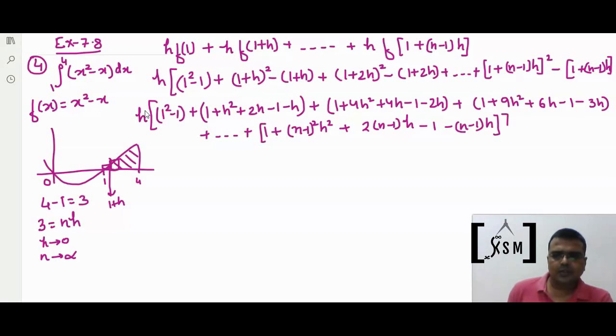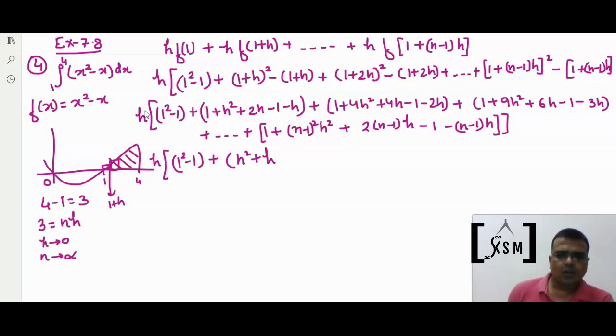Hope it is clear up to here, guys. We have just broken all the terms, we have broken the square part, right? And then in the next step, we will try to resolve the inside part. See what happens. 1 square minus 1, I am not doing anything. Plus, in the second rectangle, the simplification is that 1 cancels, so we get h square plus h.